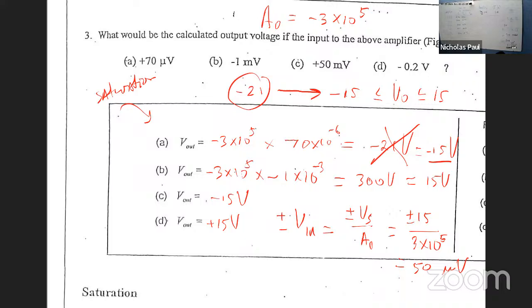Okay with that? So any value bigger than 50 microvolts, or any value smaller than minus 50 microvolts, causes saturation. Everybody okay with that? Just make a note of that, please.